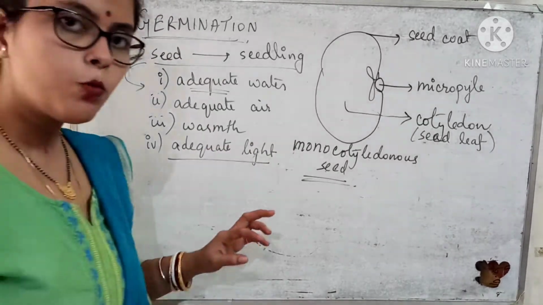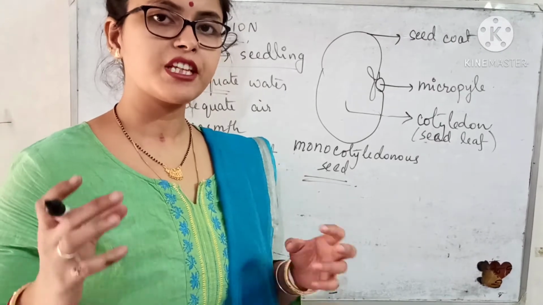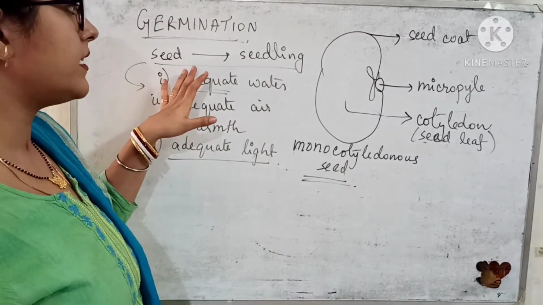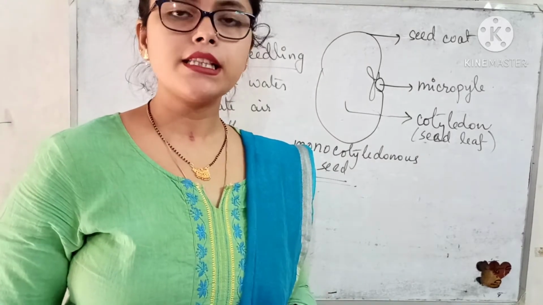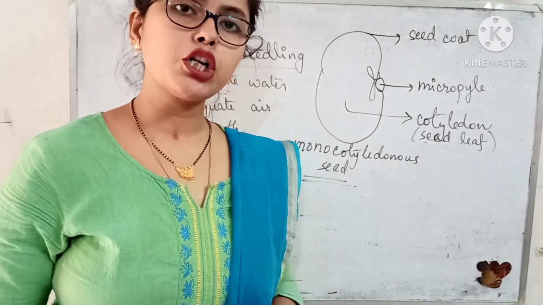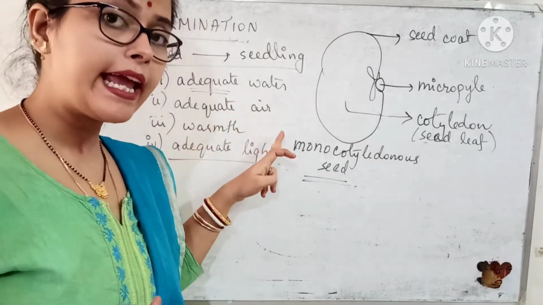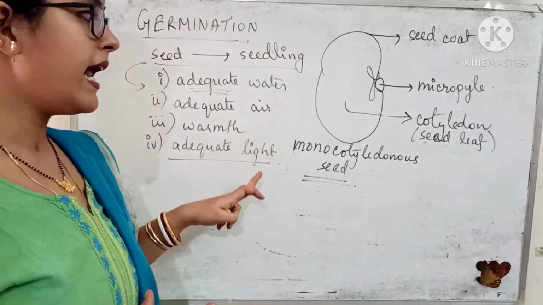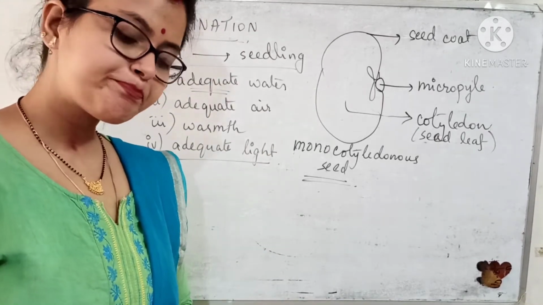So I repeat, what is germination? Germination is the process of the development of the seed to a seedling when the seed gets favorable conditions such as adequate water, adequate air, warmth, and adequate light. Okay.